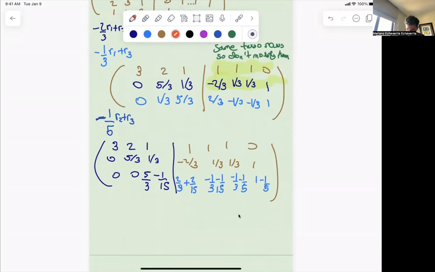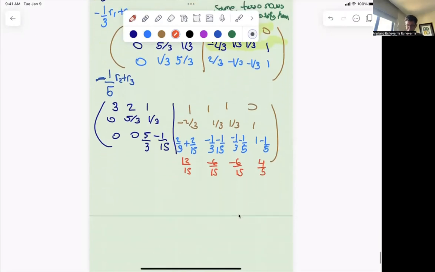So these will be what? 10 plus 12 over 15. And this one should be minus 6 over 15. And this one should be minus 6 over 15. And this one should be 4 over 15. So the basis is now V1, which was 1, 1, 1, 0, V2, which is minus 2/3, 1/3.